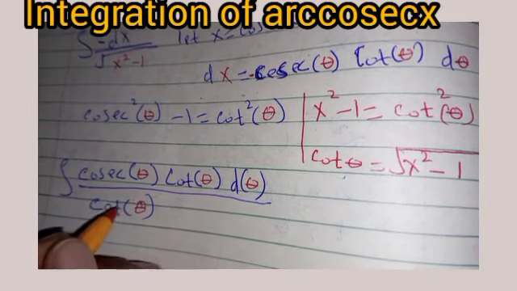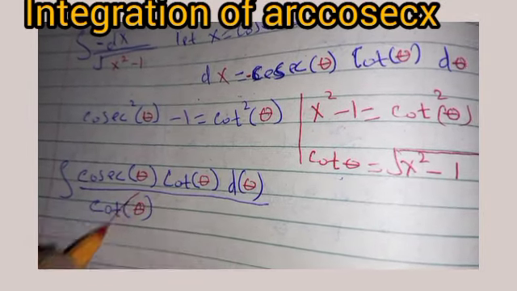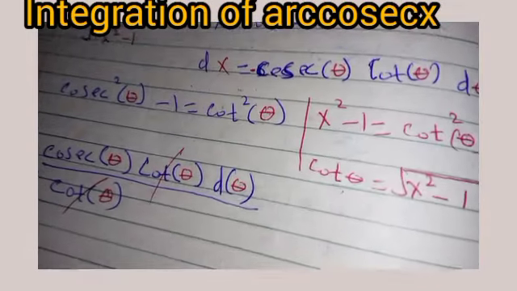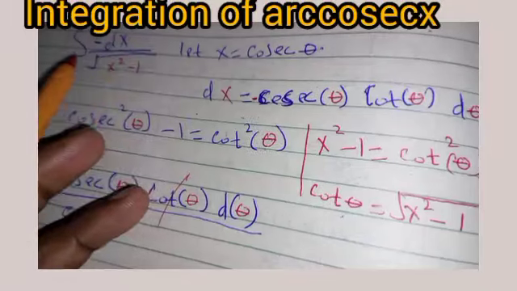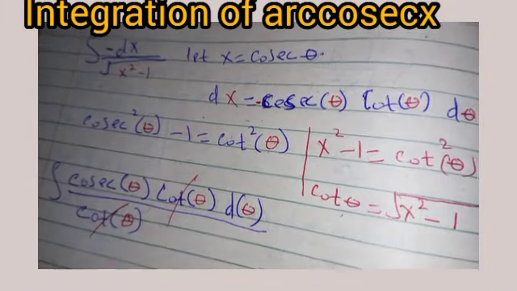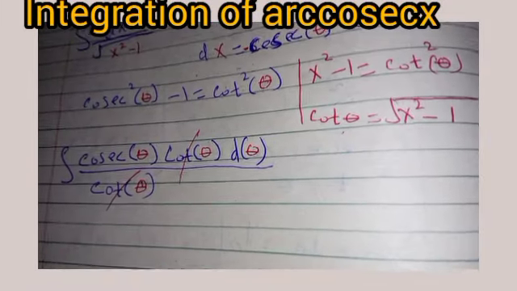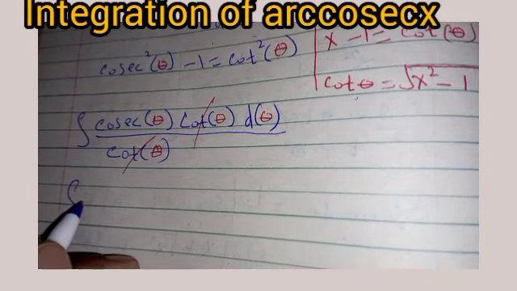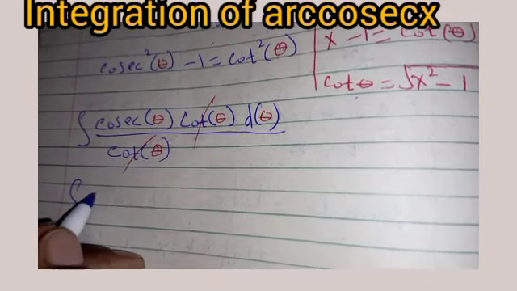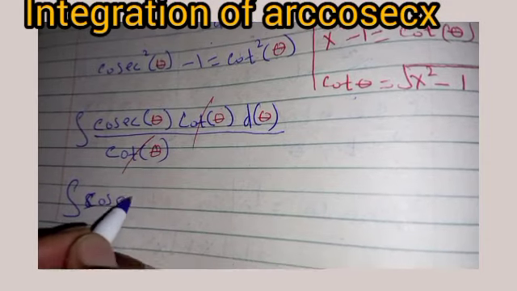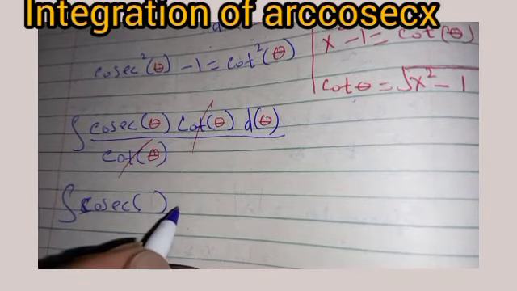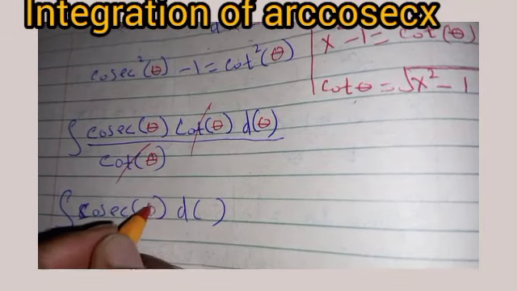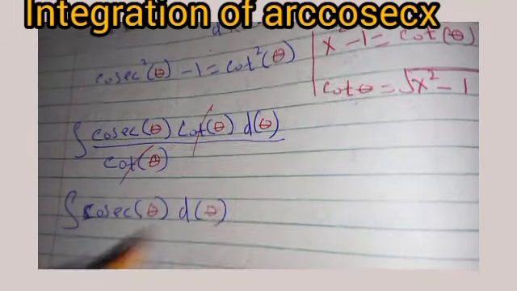Clearly you can see cot theta will cancel out. Now note that there is a negative here. This negative and this negative have become positive. Then we are left with the integral of cosec of theta d theta.